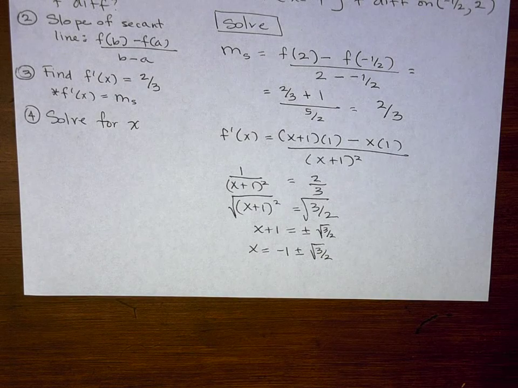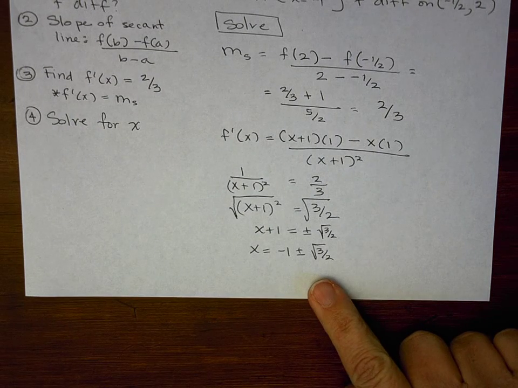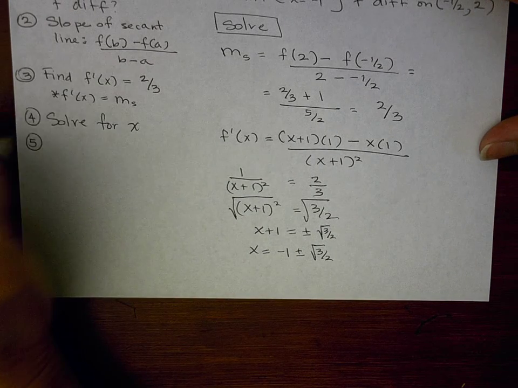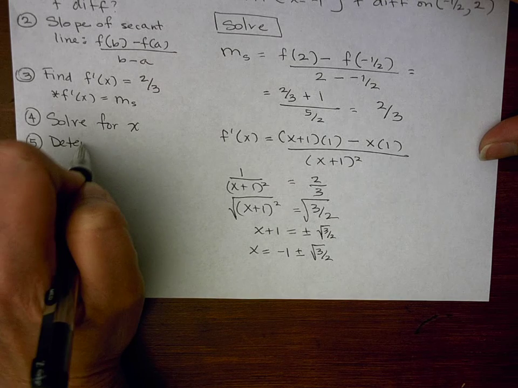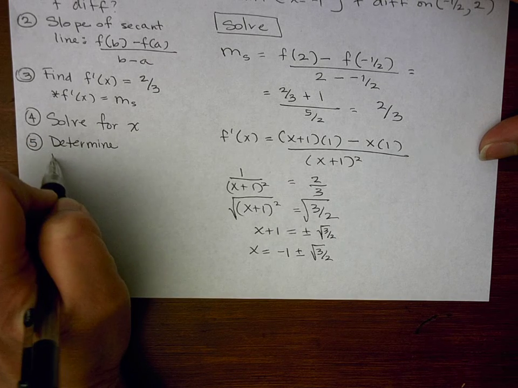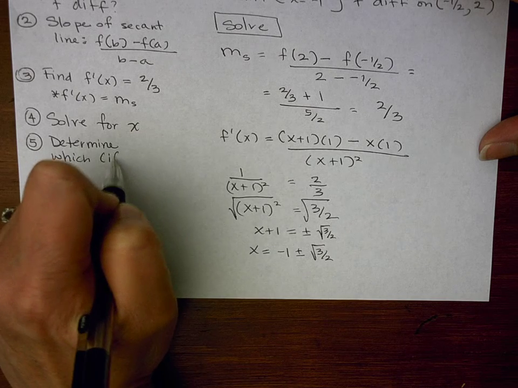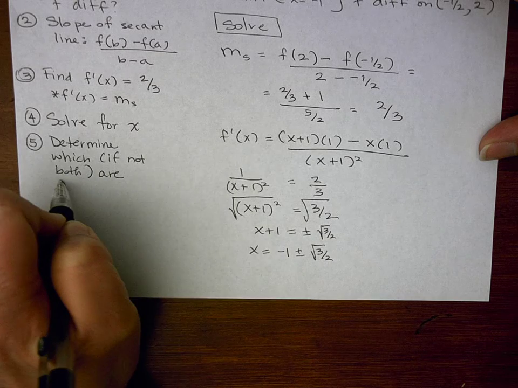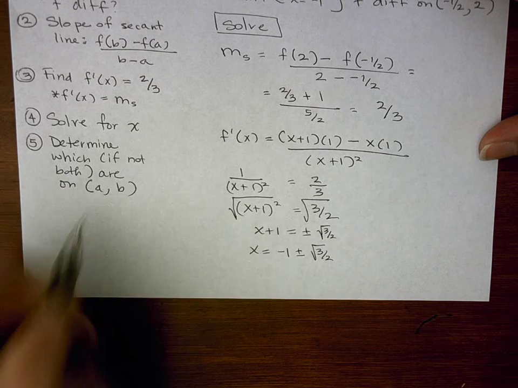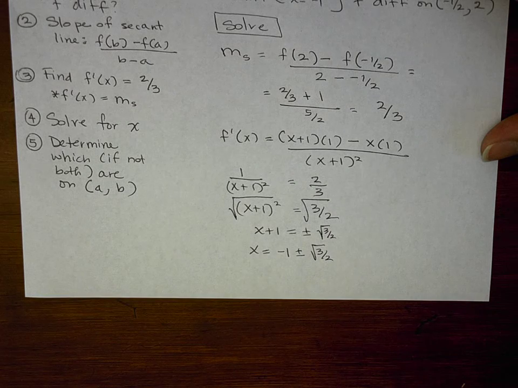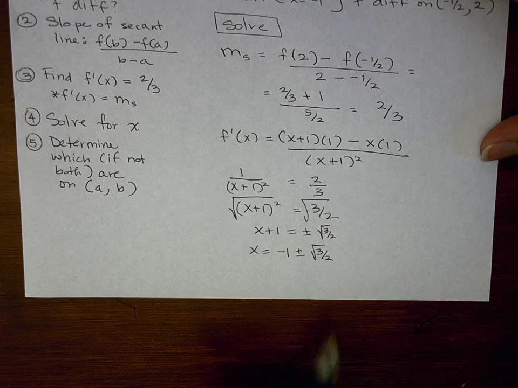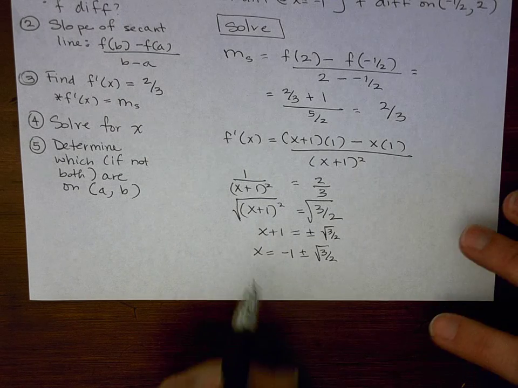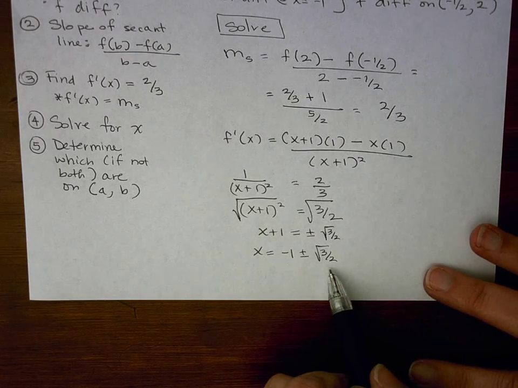So now what I have to decide is are both of these values on the interval from -1/2 to 2. So which, if not both, which is possible, are on the open interval from a to b. Okay, so it's possible that at least one of them has to be on the interval because that's mean value theorem, right? Mean value theorem guarantees that at least one of them is on the interval. But it's possible that both are on the interval as well, but we still have to check them.